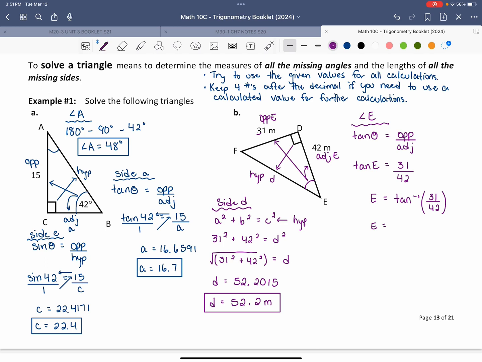Shift tan (31 divide 42) equals, we get 36.4308. I can't remember if I said this already, but make sure your calculator's in degree mode. If you're getting answers that are not these, it's probably because your calculator is not in degree mode. So round to the nearest whole number, 36 degrees.